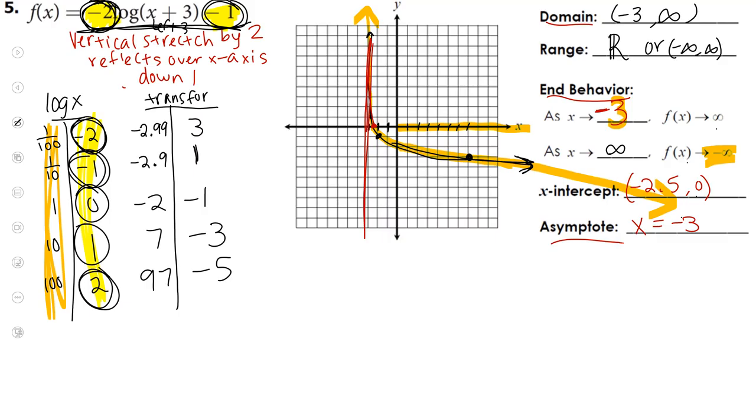It is always opposite of what is inside of these parentheses. Logs are affected by horizontal movement. So you're going to determine the asymptote by if it moved left or right.